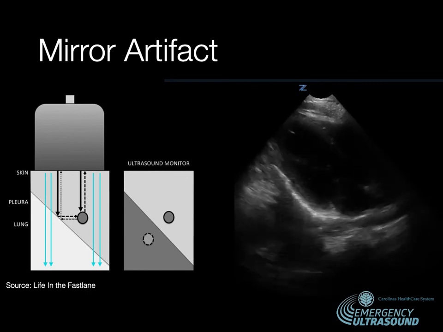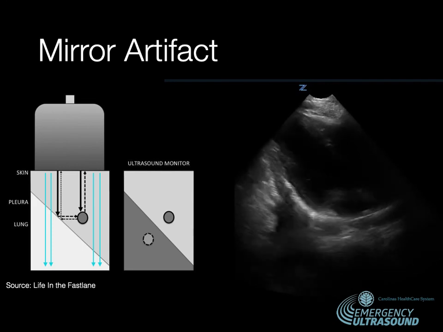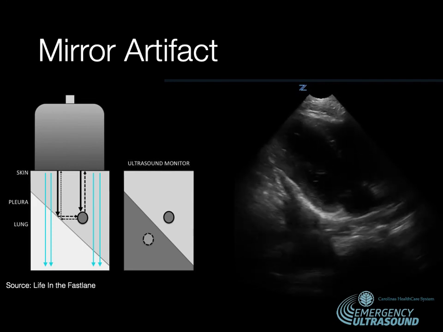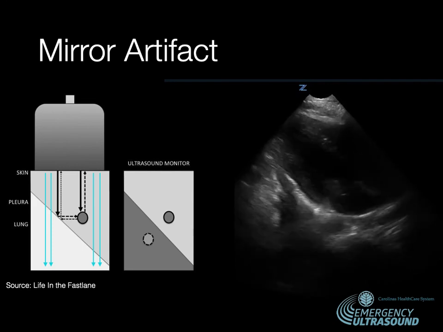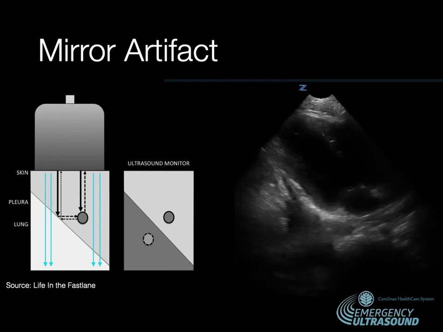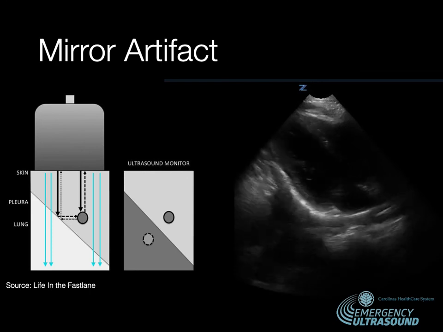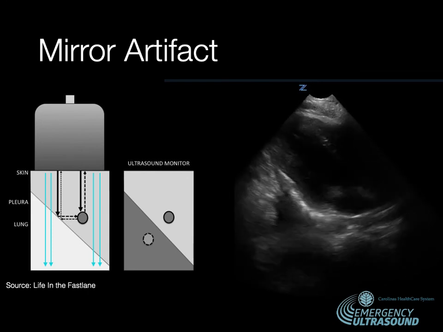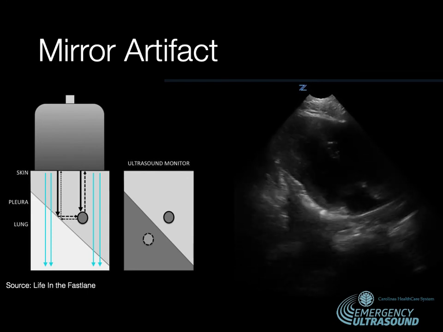Right here in the schematic to the left, the blue arrows are what the ultrasound machine assumes that the ultrasound beam is doing, but that's not in fact the case because you have a highly reflective surface at an angle going from top left to bottom right.